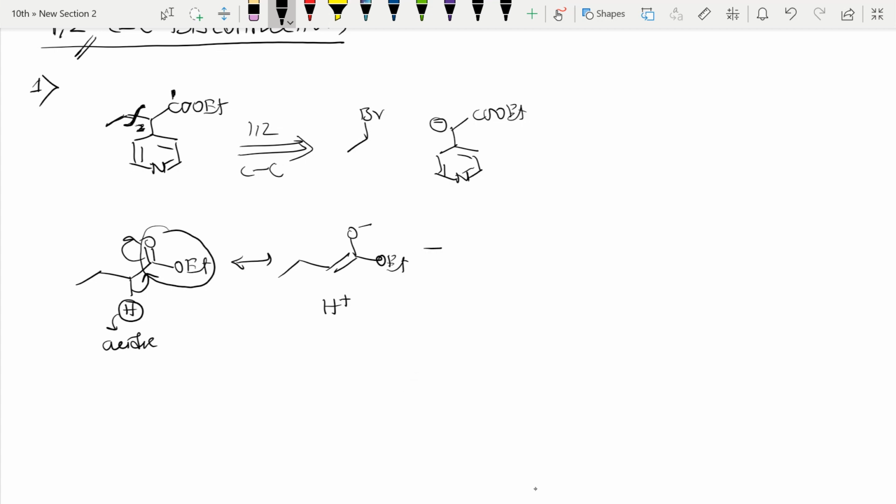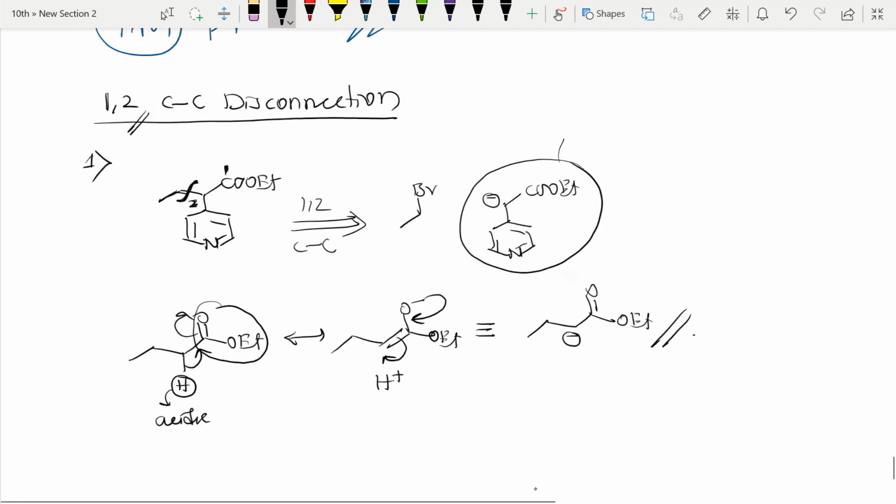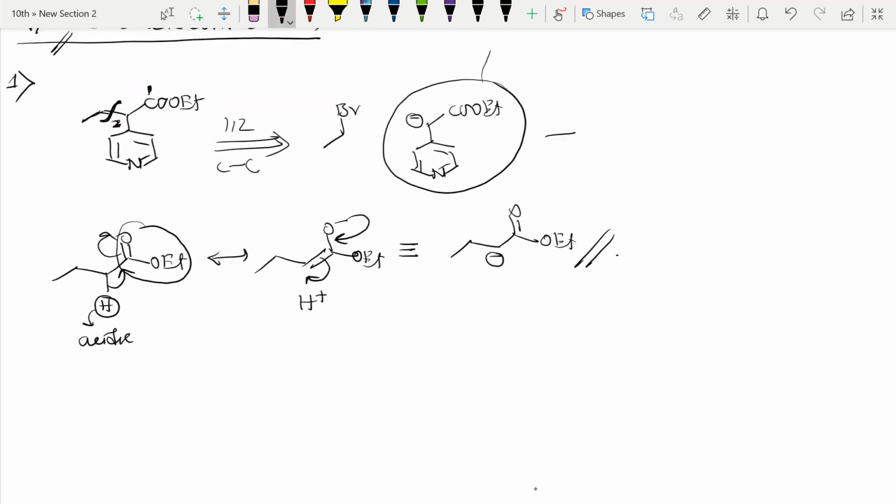One more canonical structure will be like this only, C=O, OEt and negative charge, because this negative charge came here and this came on this carbon. So this is the structure, right? Here also in the above, I got the same thing. So its equivalent reagent will be the simple one, right?